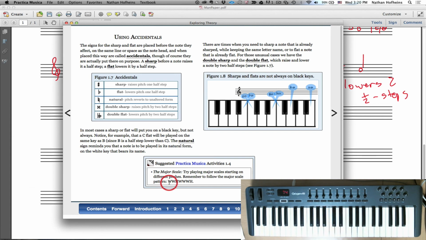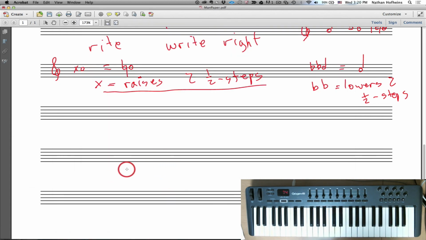Right? So if we were to write that out, if we had our treble clef, we wanted to start on an F, F to a G is a whole step, and G to an A is a whole step. Now we need a half step. If we went to B, that'd be a whole step, so we need to go to a B flat. And then we go to our C, which is a whole step. Right?